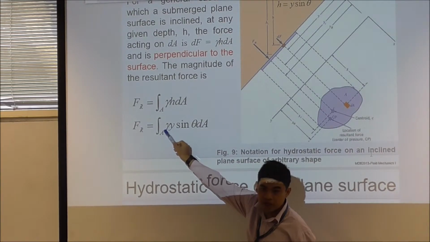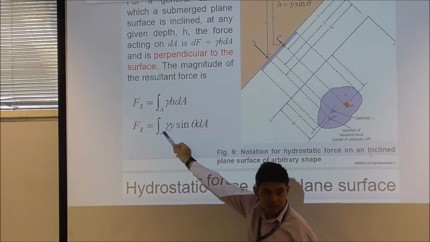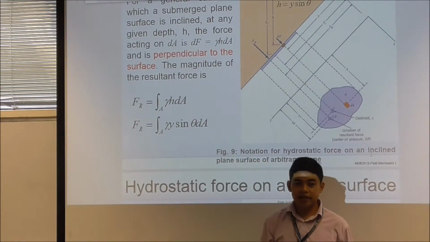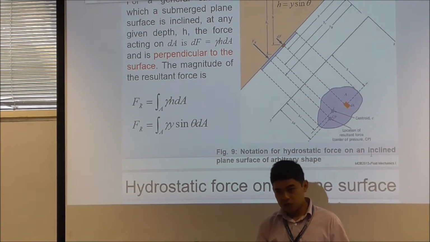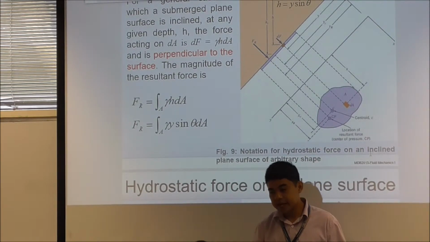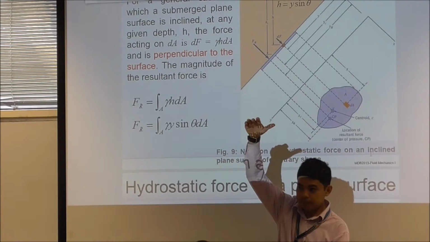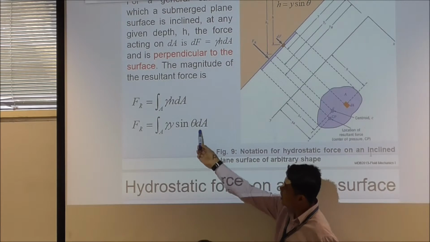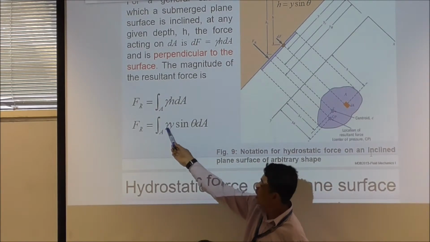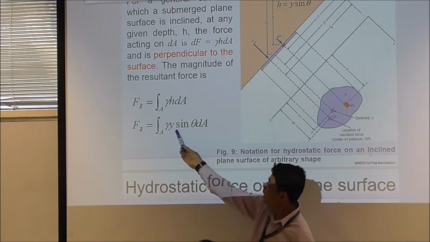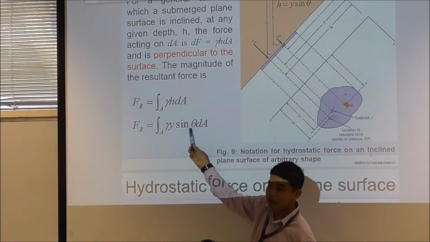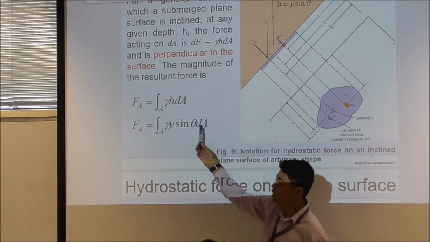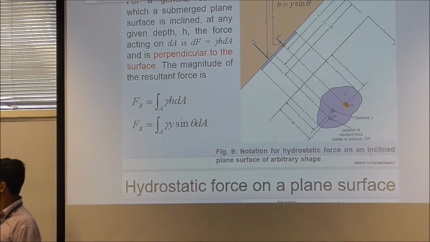If gamma is a function of the depth, you remember just when I told you that the density of seawater deep there is higher than on top. So it is a function of y also. So you have this one is a function of y. This one, of course, is a function of y. This one is a function of y. Maybe not. Sin theta can be taken out. You can put it there. dA. dA is equal to.